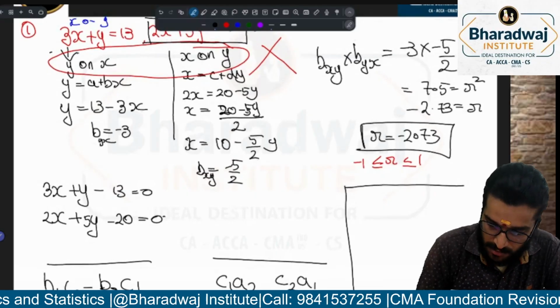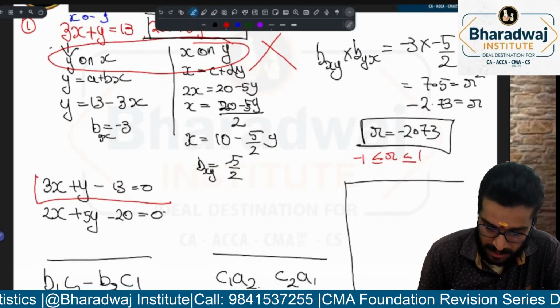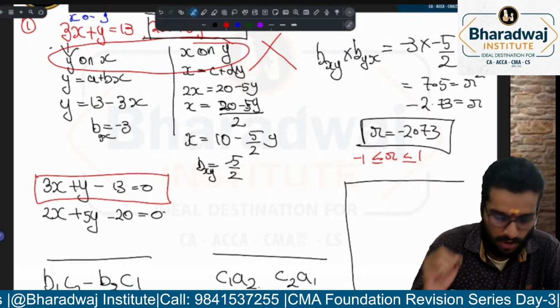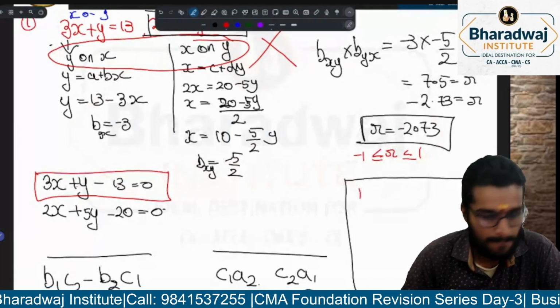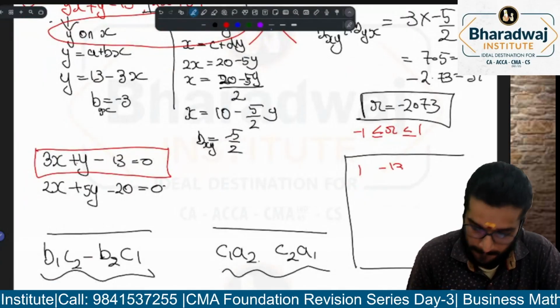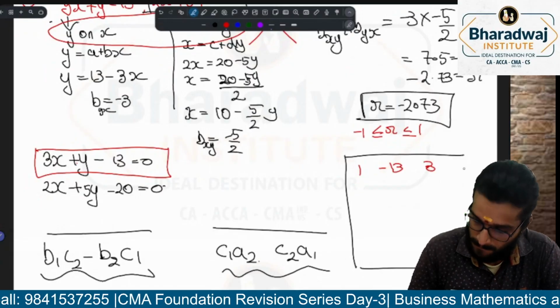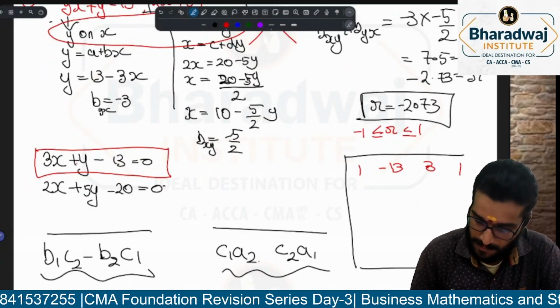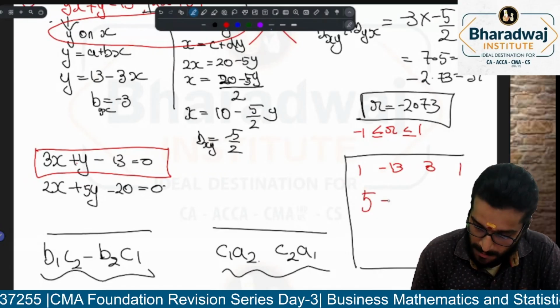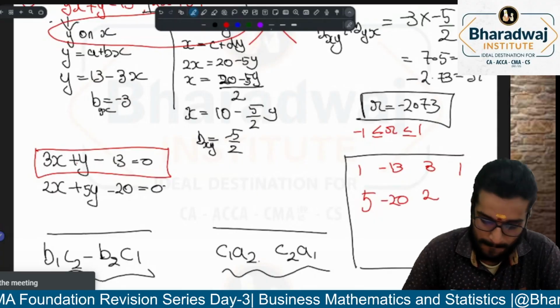This is my first equation, right? Take the middle coefficient 1. Come towards the right. Similarly, 5 and minus 20, 2 and 5.